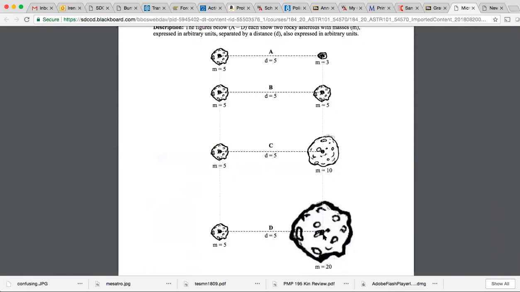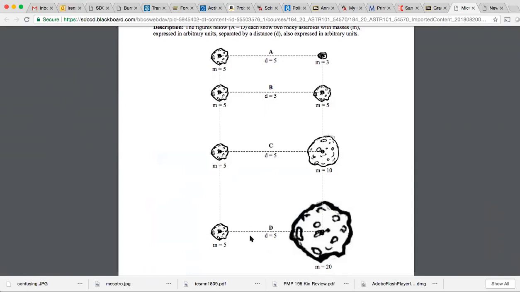And so once again, don't confuse yourself. Let's look at the pair D. In this pair D, both of these asteroids, the big one and the little one, feel exactly the same force. That force simply depends on the mass of the little one, the big one, and how far apart they are.